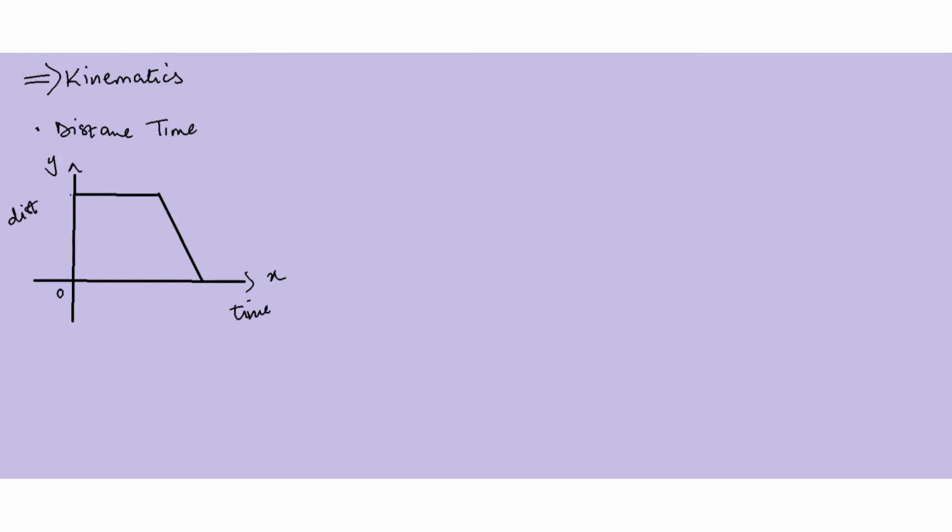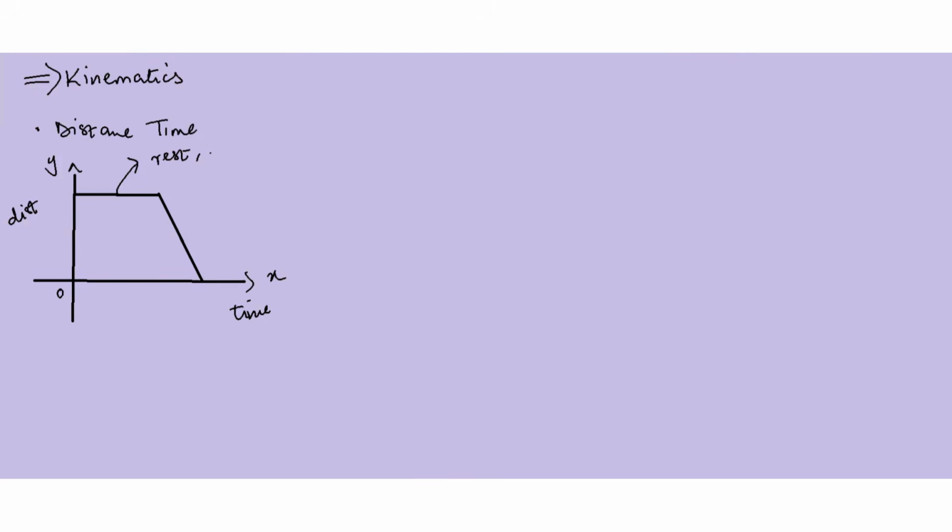Whenever your distance time graph has a straight horizontal line, that means no distance is being covered because it's constant, which means over here, the object is at rest. Once again, common sense. If no distance is being covered, the object is not moving, so it is at rest.